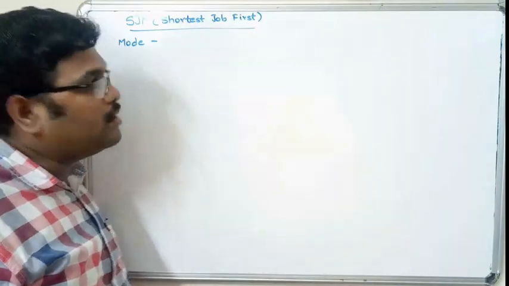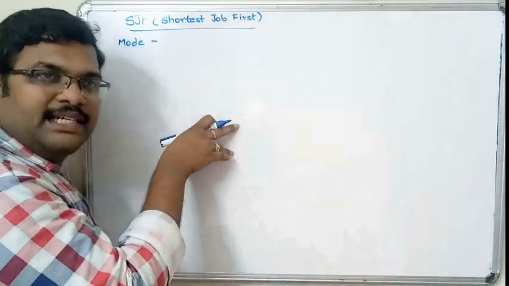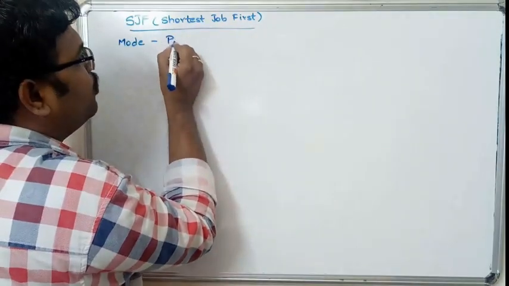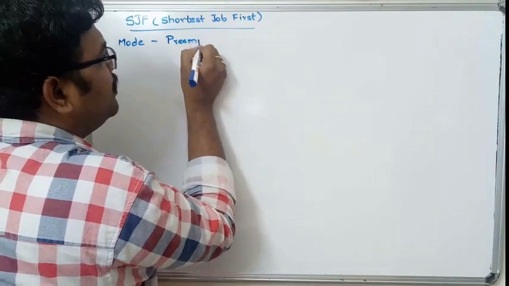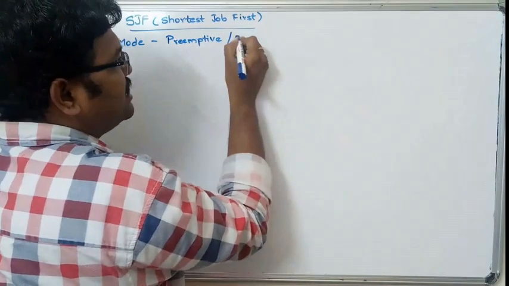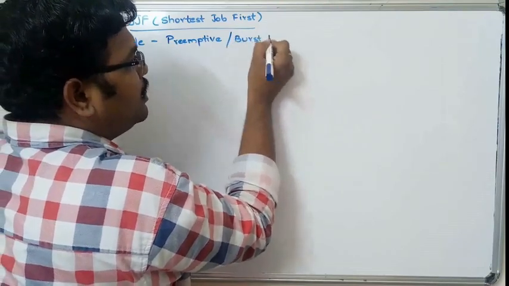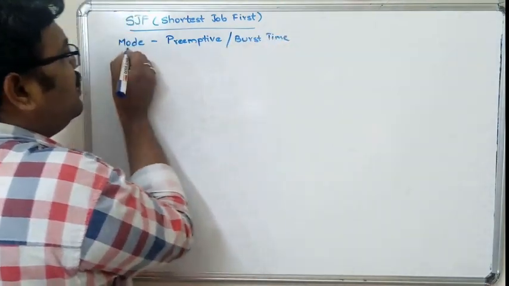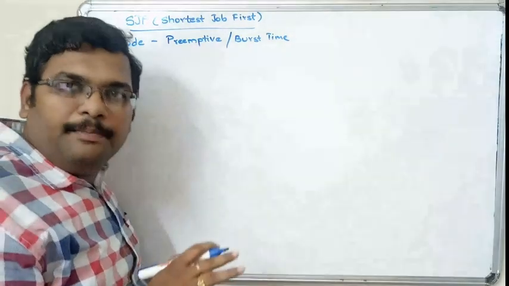So there will be no interruption. Now in today's session we will see the preemption mode. The mode is preemptive and the criteria is burst time. So here there will be an interruption.